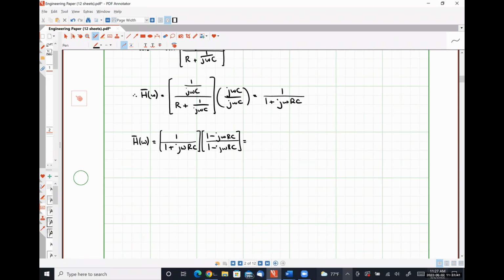And in doing so, I will have 1 minus j omega RC divided by 1 plus quantity omega RC squared.